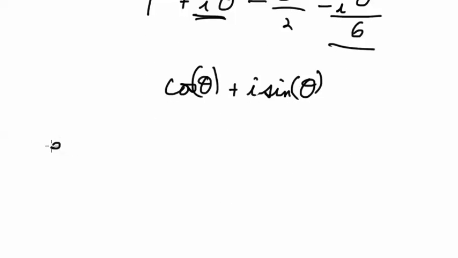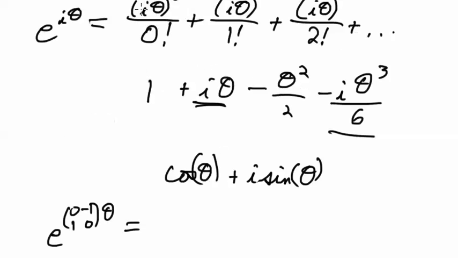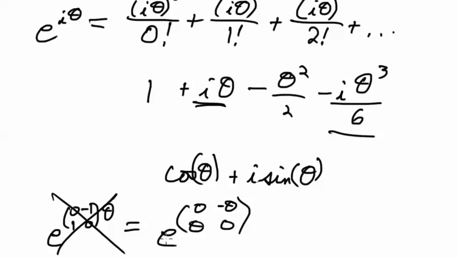So, for instance, you put a matrix. That one's not going to do it quite, but something more along this line: e to the power of a matrix consisting of 0, negative theta, theta, and 0.